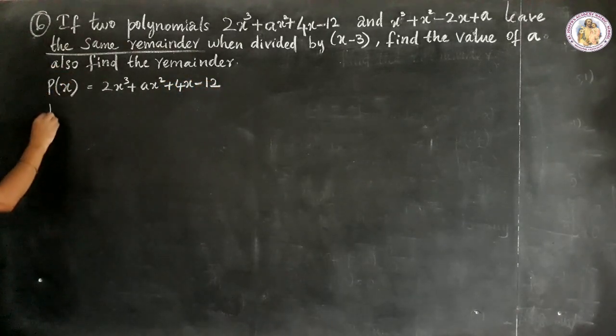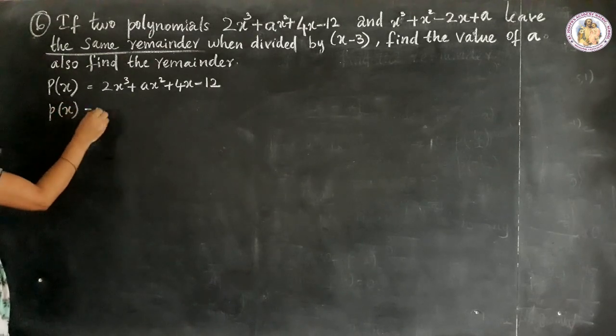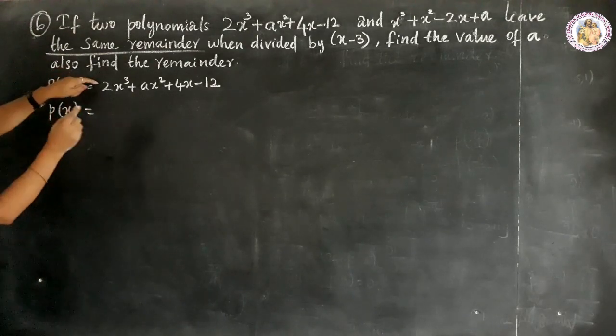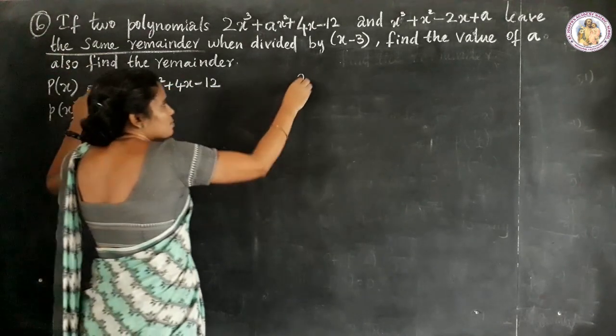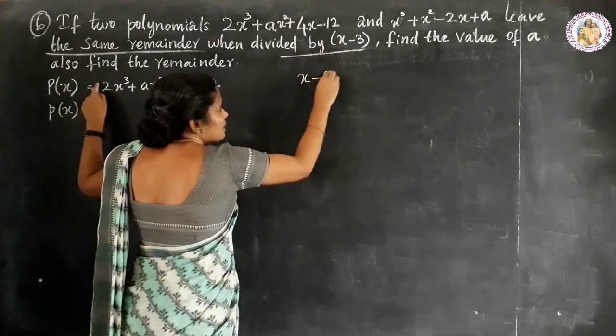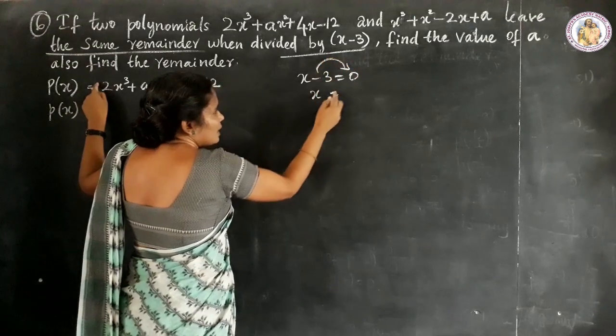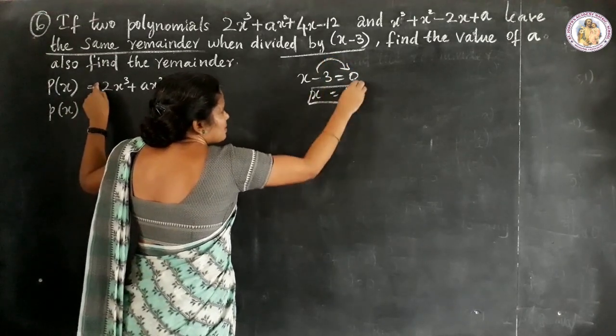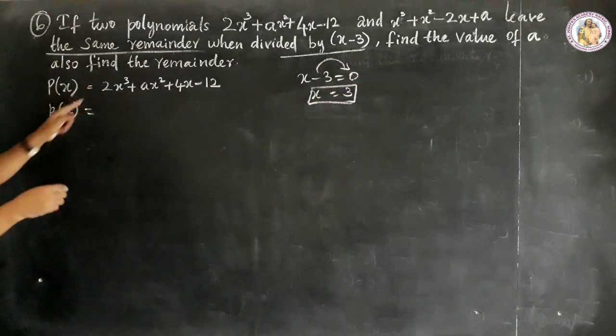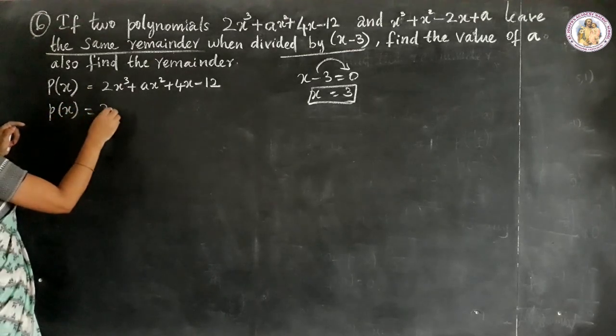Now it is given as x minus 3. So x minus 3 is equal to 0 and x is equal to minus 3. When it goes here it is plus 3. So x is equal to 3. Now 2.